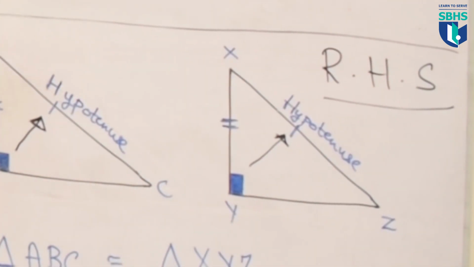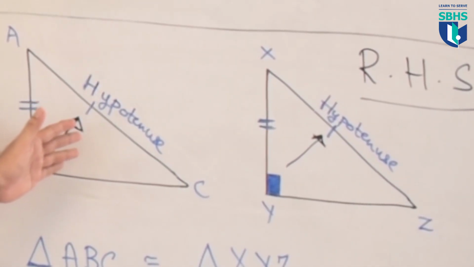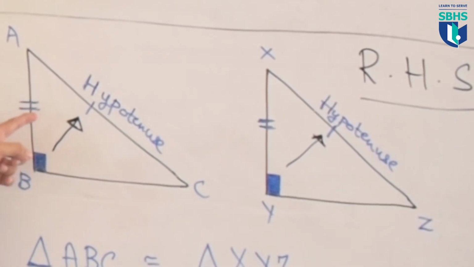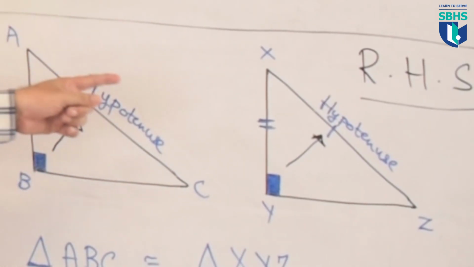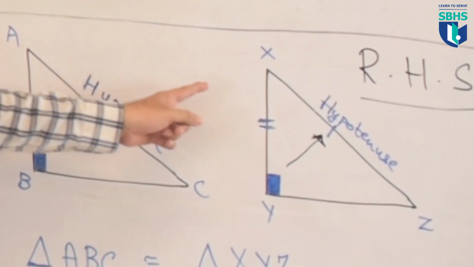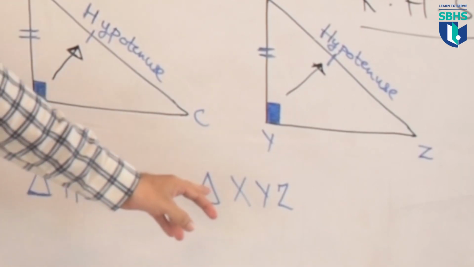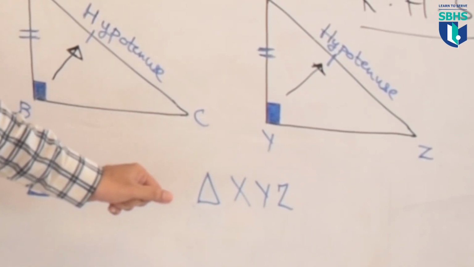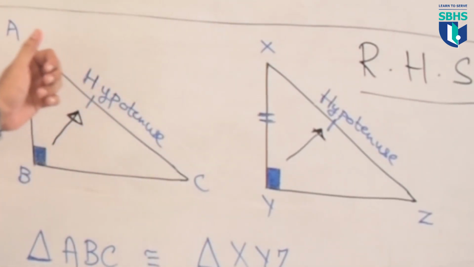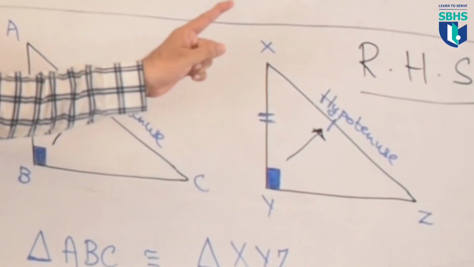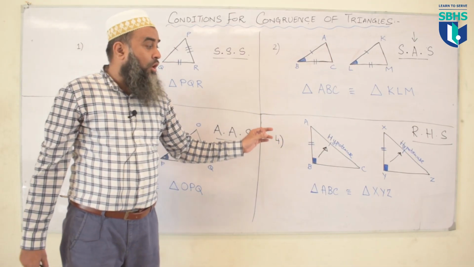We can say that when comparing two right angle triangles, if the corresponding hypotenuses are equal, and with the corresponding hypotenuse one more side is also congruent, then we can safely say that both the triangles are congruent to each other. So this final condition is RHS, which means right angle hypotenuse side. So this condition only works on right angle triangles.